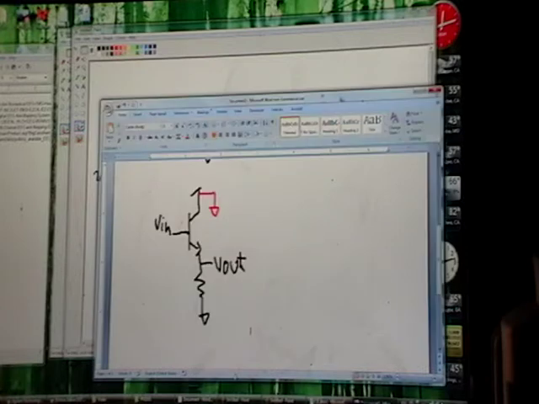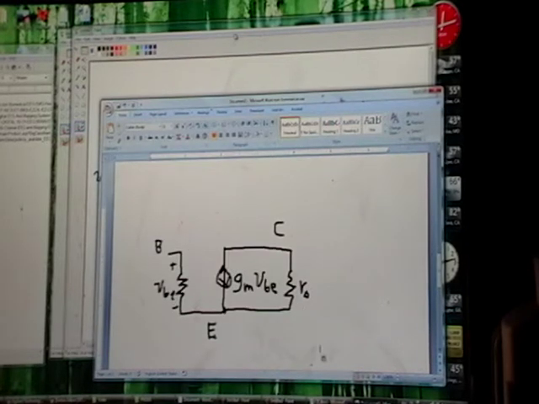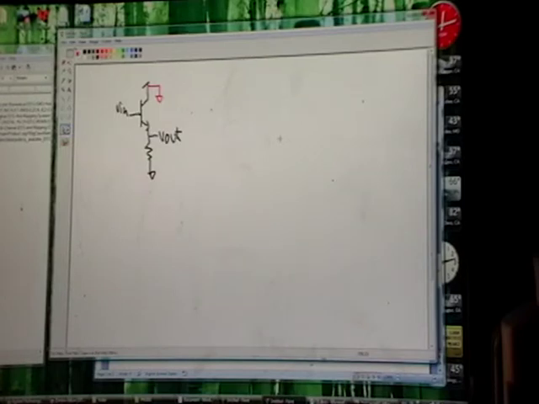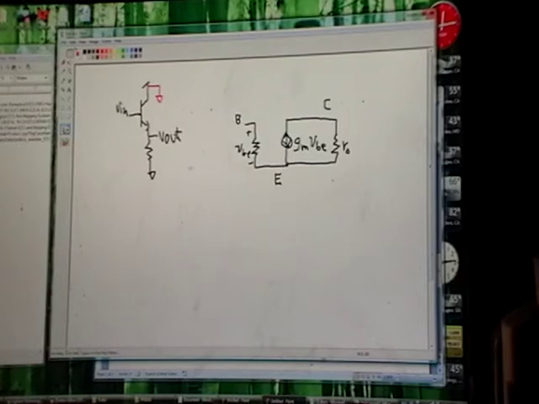There's your small signal model, and what you want to do is take this transistor and replace it with this in this circuit.